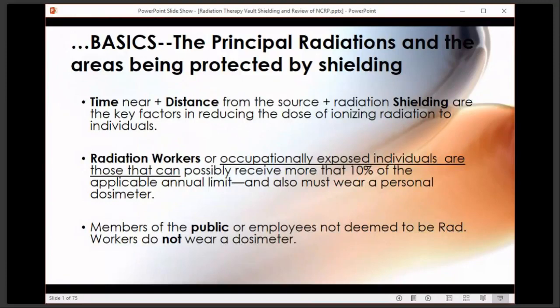These people must wear a personal dosimeter to account for what they receive. Members of the public or employees who are not deemed to be radiation workers do not need to wear a dosimeter.